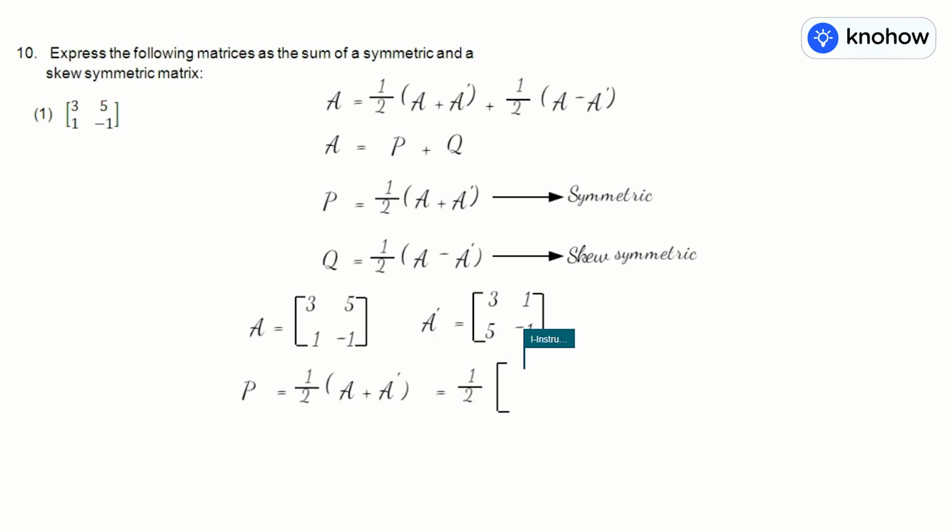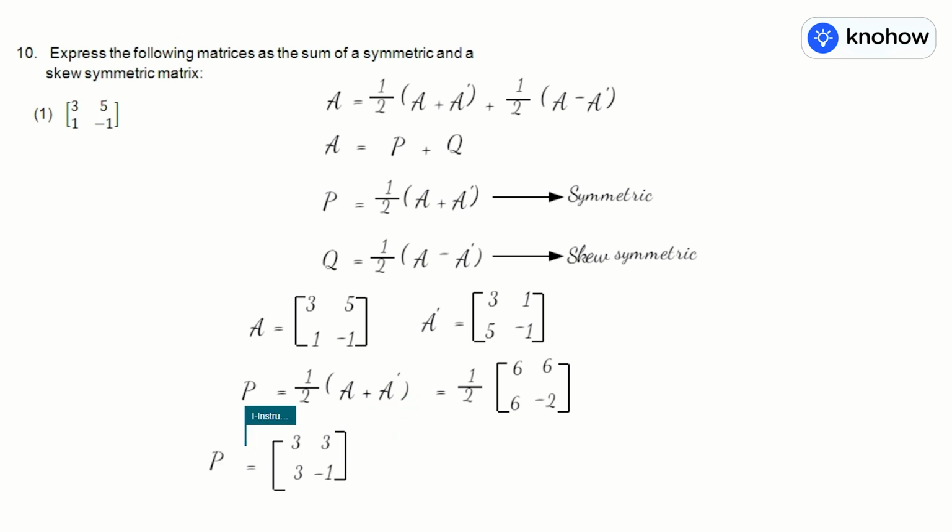You get 3 plus 3, 6, and 5 plus 1, 6 again, and 1 plus 5, 6 in the second row, and negative 1 plus negative 1, you get negative 2. Divide each element by 2, multiplying by half, it is the same thing. So you get 3, 3, 3, negative 1. So that's what we have worked out as P.